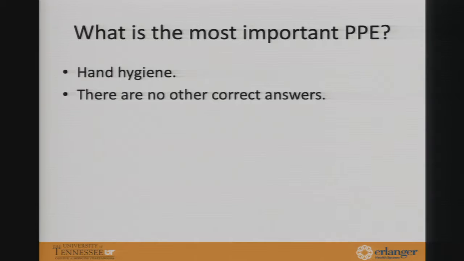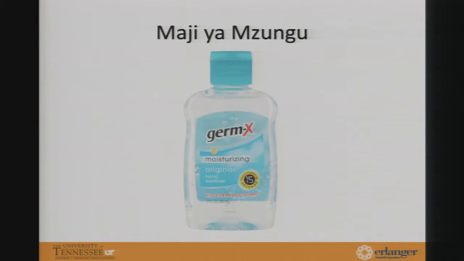Next, and getting toward the end, what is the most important personal protective equipment? Hand hygiene. There is no other answer. This is what is called the water of the foreigner in Swahili, Maji Mzungu. The routine and consistent application of hand hygiene is the most effective means to prevent transmission of any infectious diseases.